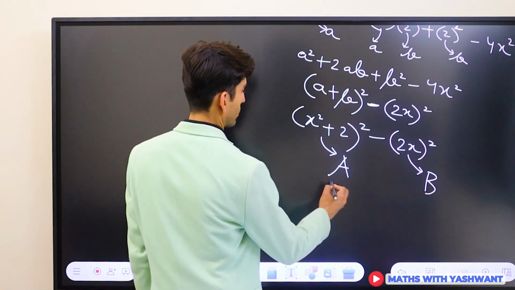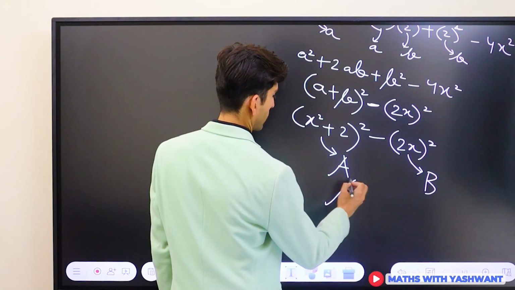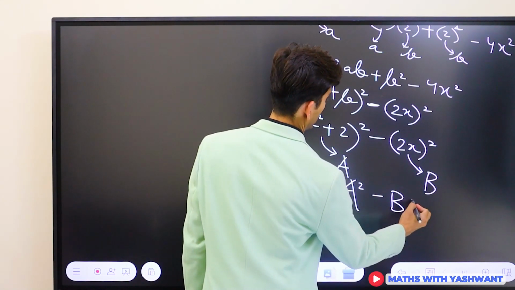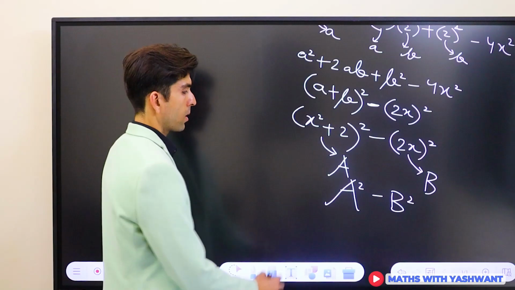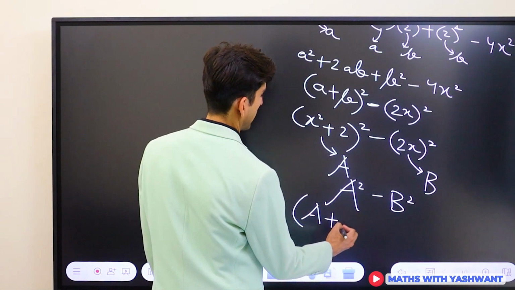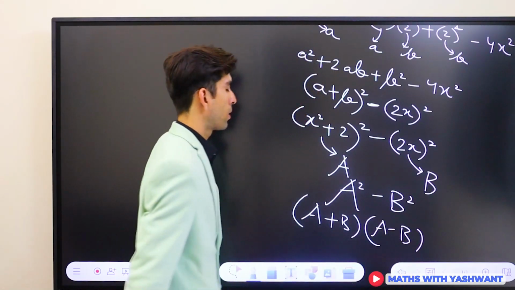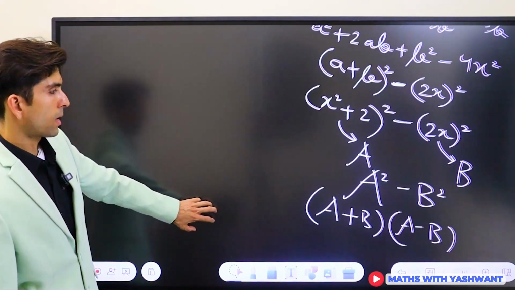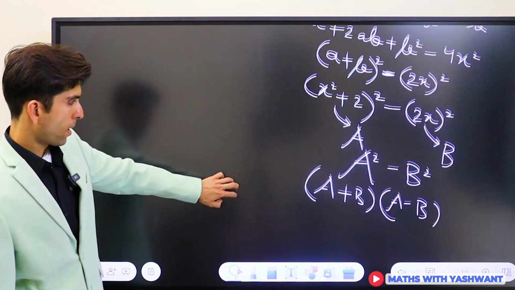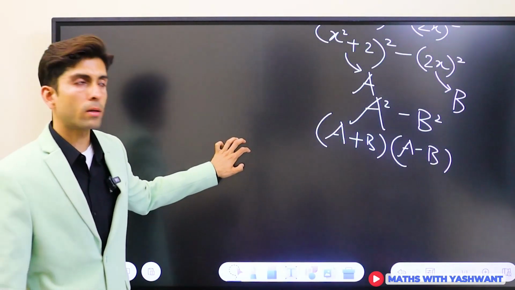So we have A square minus B square, and we can express it as A plus B and A minus B, which is a very popular identity in maths, and you must have studied this in your earlier classes, right?